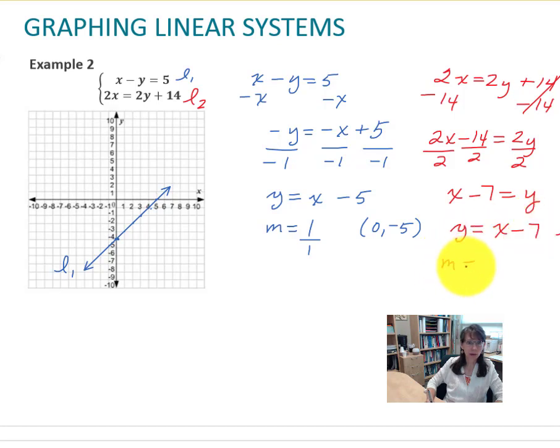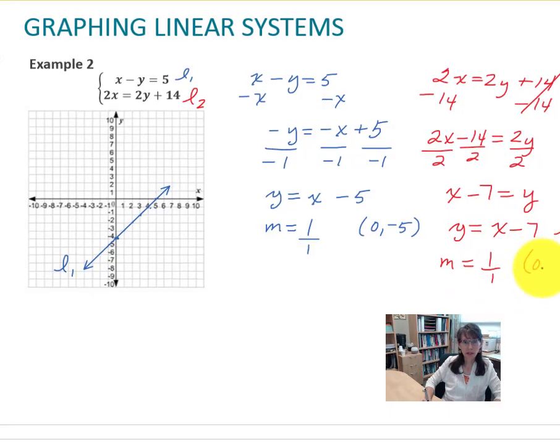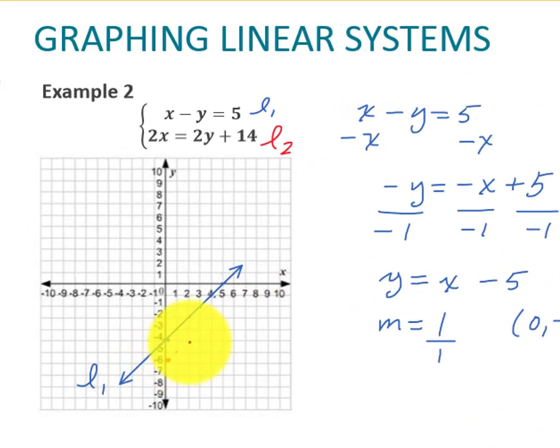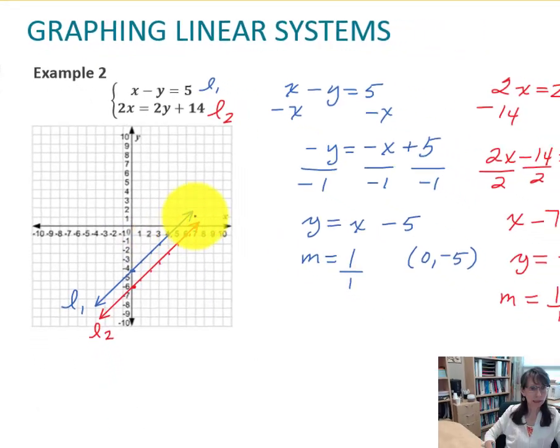So our slope is 1. Our y-intercept is 0, negative 7. Let's plot that. And our slope is 1. We'll draw the line. Now what do you notice about line 1 and line 2? They are not intersecting anywhere. So let's go back and see if there maybe is a reason why I could make that statement that they're not going to intersect.